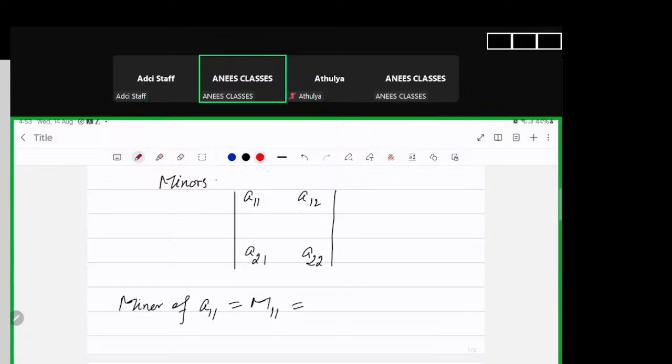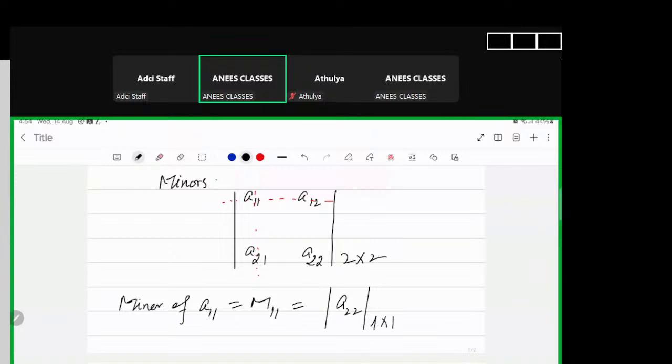I will delete row and column along A11. So I have to delete this and this. So we're left with the determinant of 1 by 1 order, A22. This is a 1 by 1 order. This is 2 by 2 order.